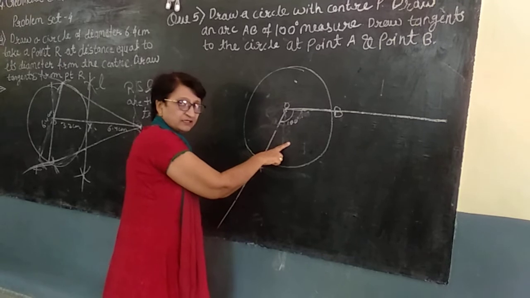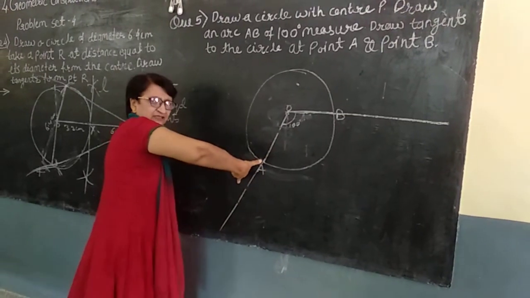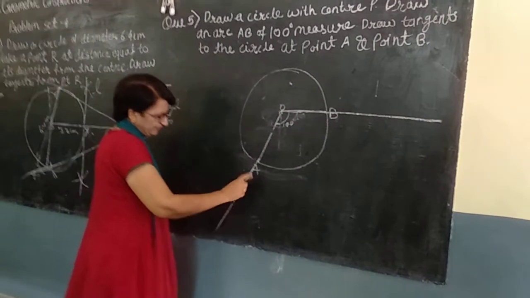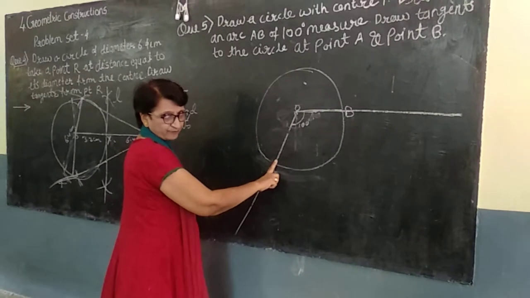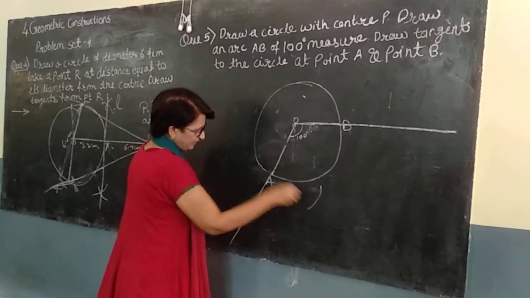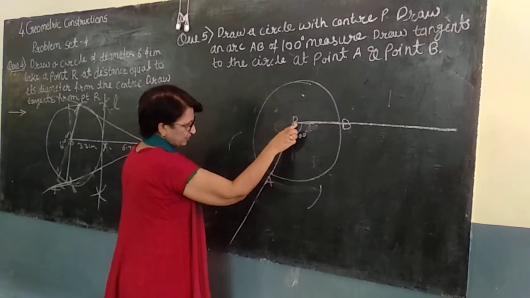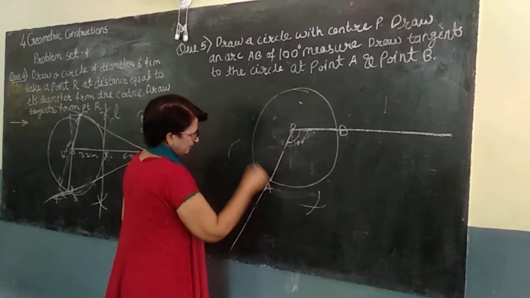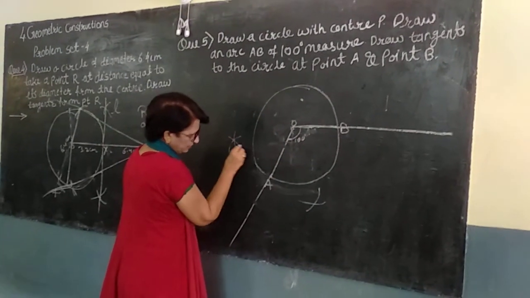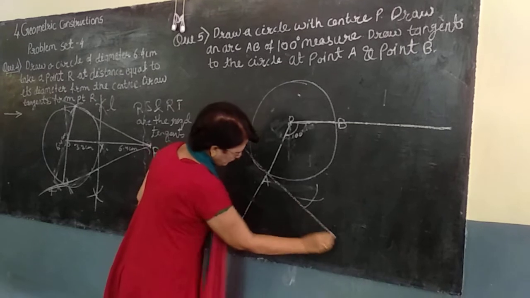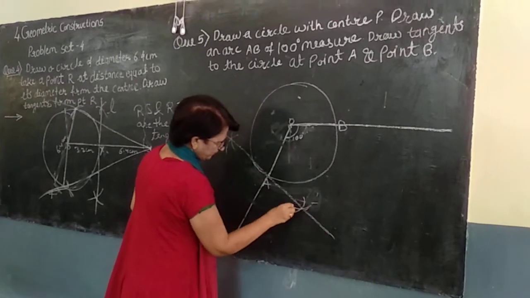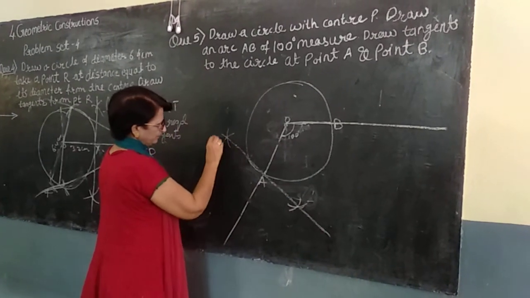Draw an arc here, draw an arc here. Then taking more than half, draw an arc this side, then put the same thing here, cut it and then join this. So you will get the tangent.